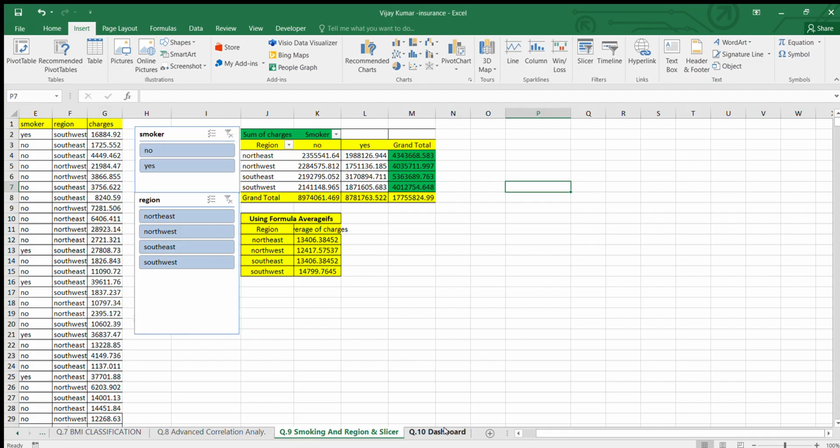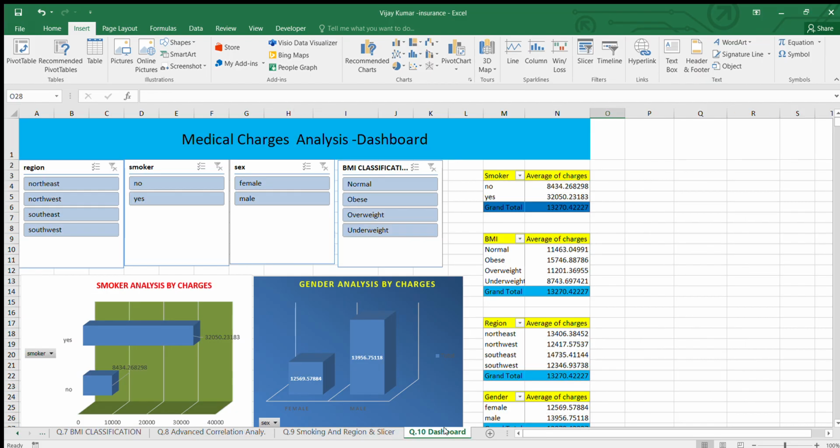Next, moving to the last question, which is question number 10. Create the dashboard. In the medical charges analysis dashboard, we have put the slicer on region, smoker, sex and BMI classification.